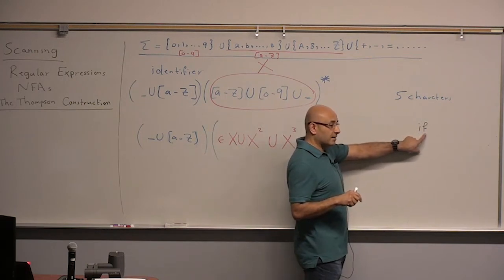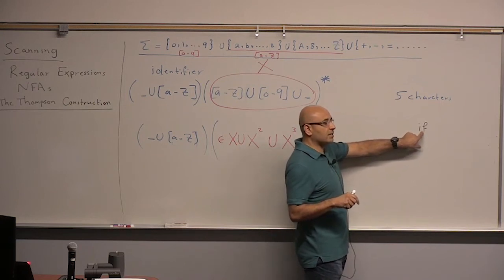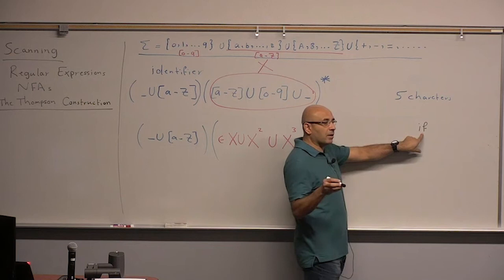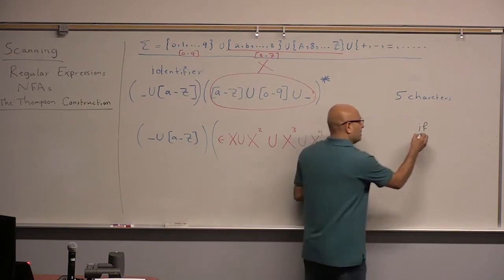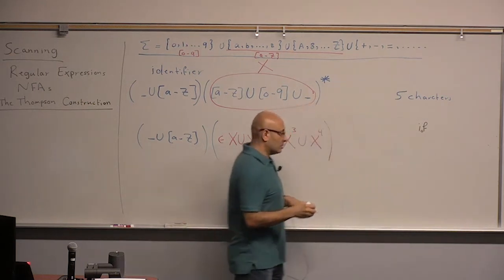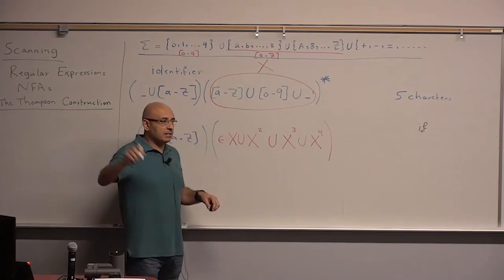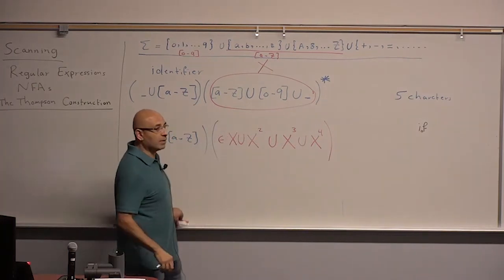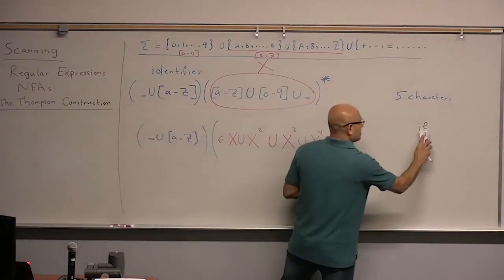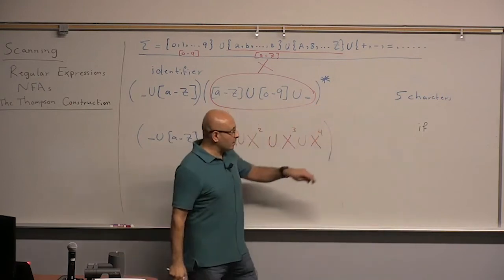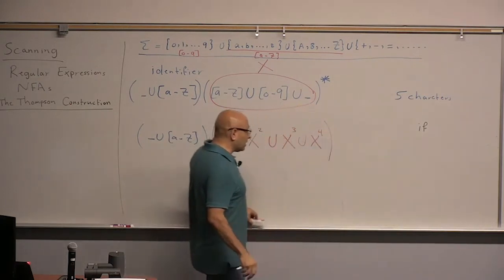And these 2 symbols from the alphabet, by the way, there is concatenation here. Usually we drop the concatenation symbol, which is this. Just like we drop the multiplication in algebra, we drop the concatenation in regular expressions. So this is I concatenated with F. By the way, what's a regular expression?